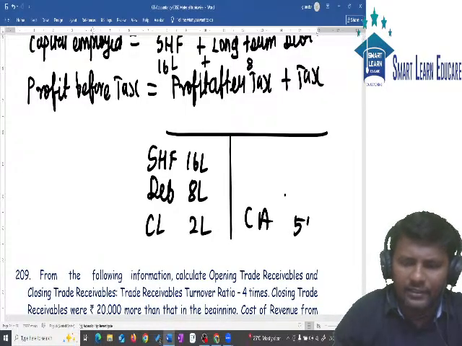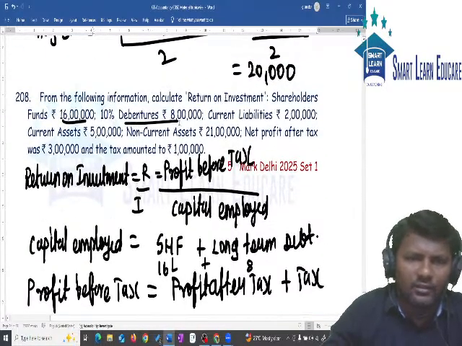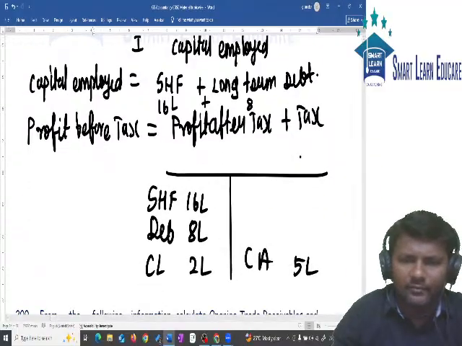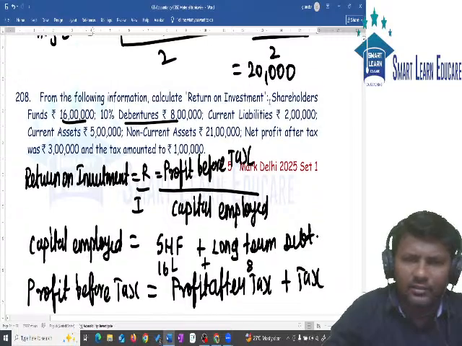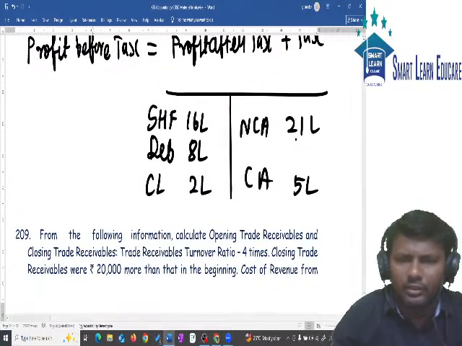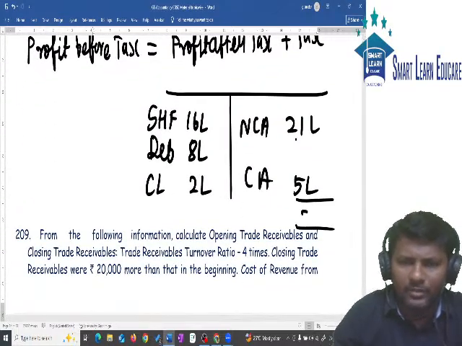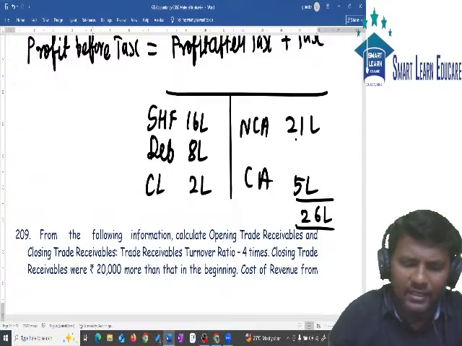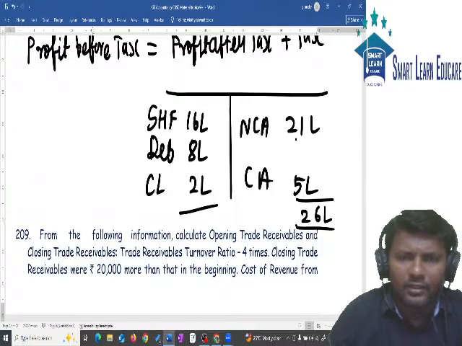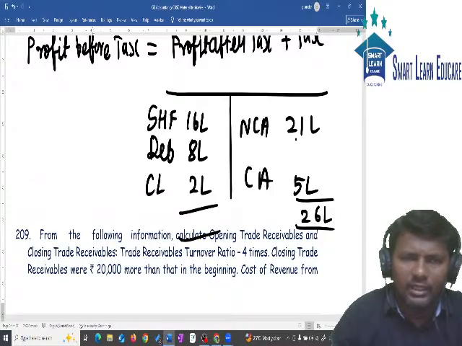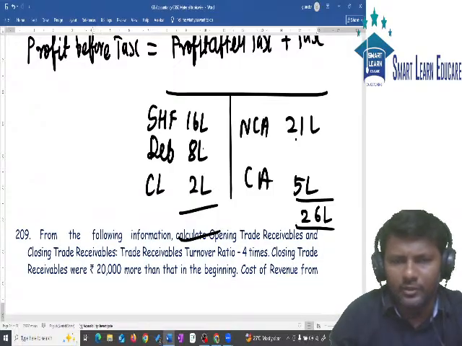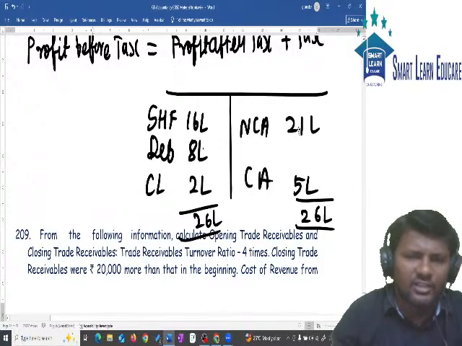Next, non-current asset 21 lakh. That's all. So total it. You will be getting 21 plus 5, 26 lakh. Any other thing missing? 16 plus 8 is 24, 24 plus 2 is 26 lakh. All the information is there.